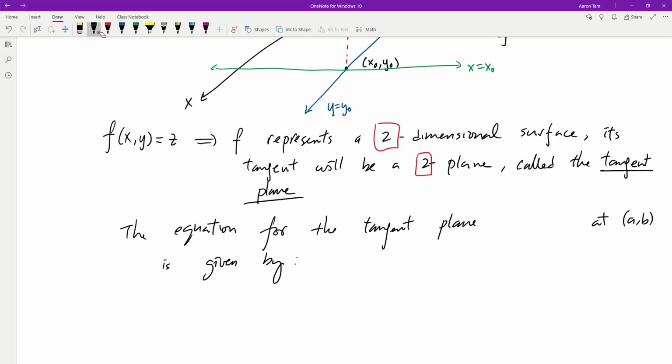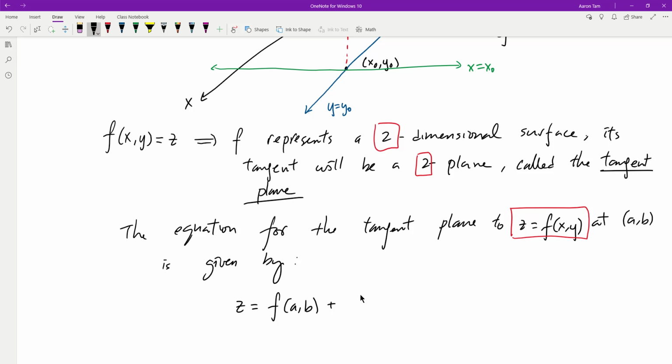Actually, let me be a little more specific. Tangent plane to z equal to f of xy. This tangent plane formula is unique to this type of function, z equal to f of xy, meaning a function f that maps from R2 to R1.